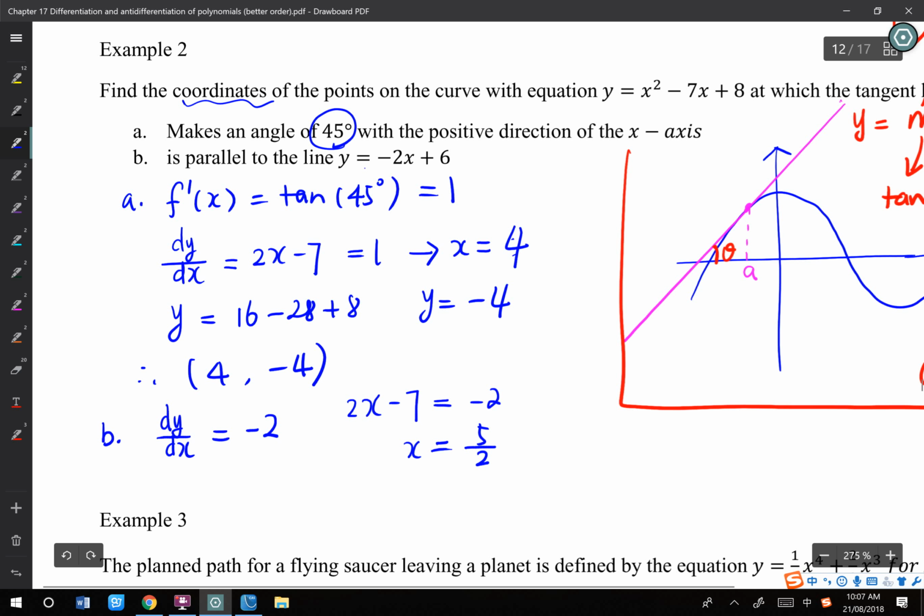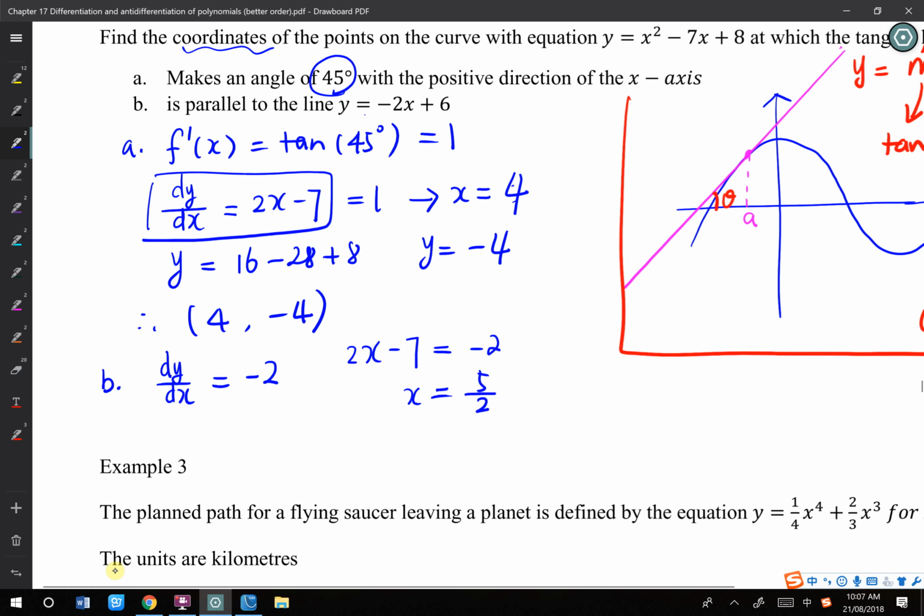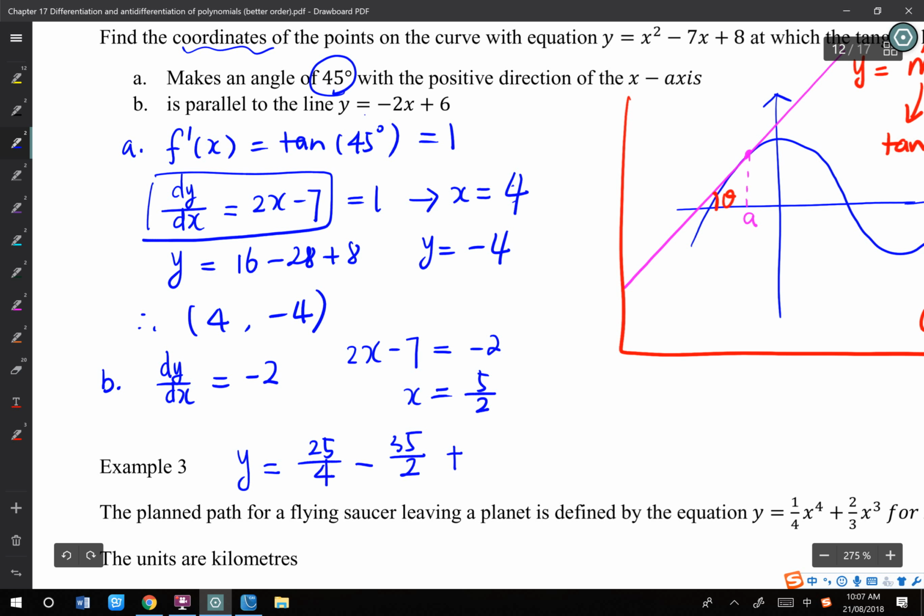2x minus 7 is the derivative, the first one. That's your gradient function. So when x equals that, you want to work out the y value. So it's 25 over 4 minus 35 over 2 plus 8. 8 is 32 over 4, and 35 over 2 is 70 over 4.